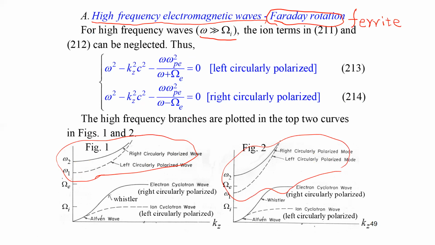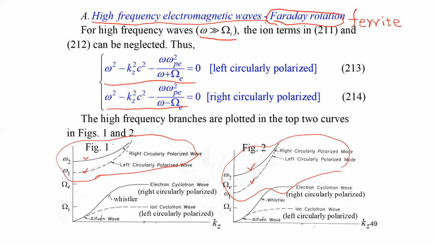Omega is greater than omega I, the ion terms can be neglected, so we have only these simple equations. The high frequency branches are plotted as the top two curves in figures 1 and 2.